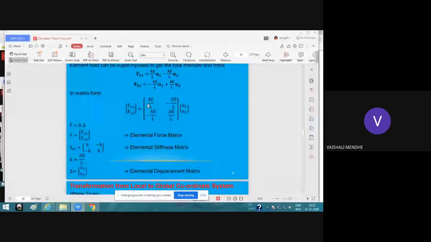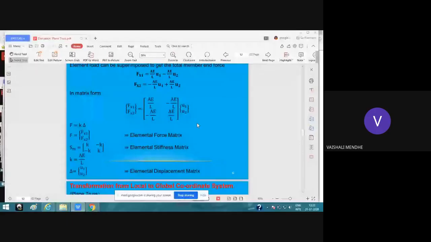Once you know the value of this displacement and the value of this K, you can find out the force. Or if you know the value of force and the stiffness coefficient K, you can find out the joint displacement, which is denoted by delta or U1, U2.